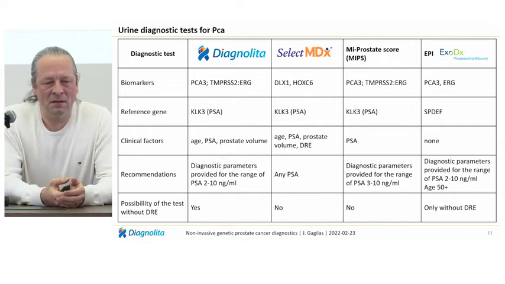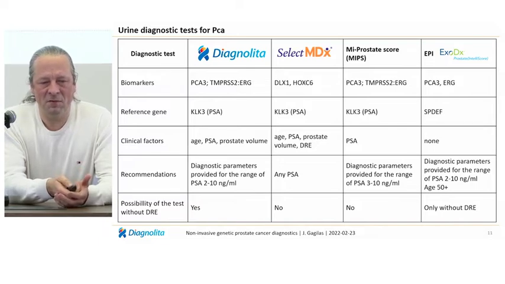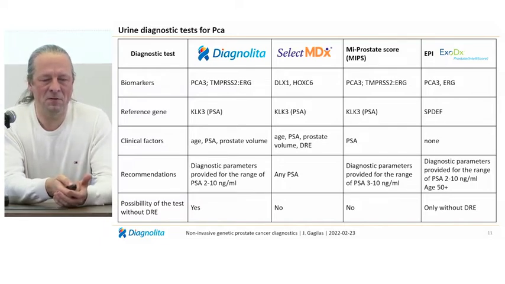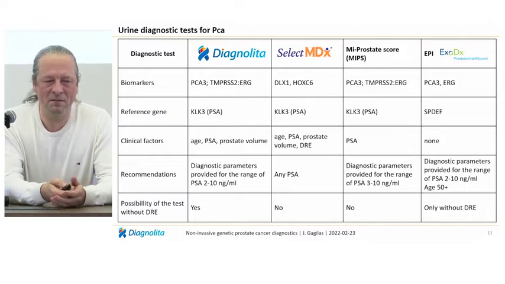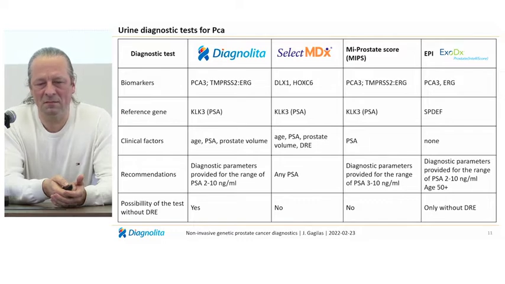Here is a list of available urine diagnostic tests for prostate cancer. In Diagnolitas, we have tests which measure PCA3 and TMPRSS2-ERG biomarkers. Also, similar is the MiPS test with exactly the same biomarkers.